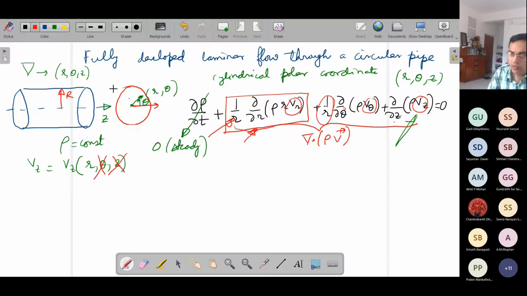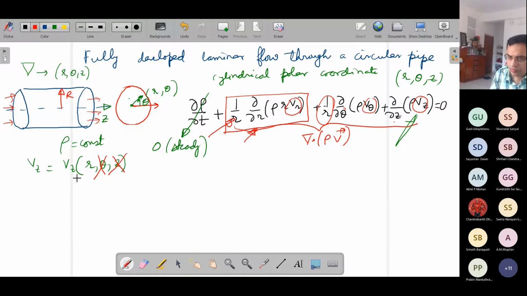Because of the symmetry of the problem. In the pipe, the water is entering like this and leaving like this. The entry and exit boundary conditions give no bias or relative dependence on theta, that for some theta something will happen and for another angle something else. It is fully circularly symmetric, so there is no theta dependence.